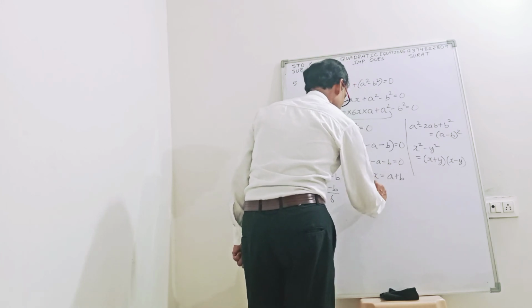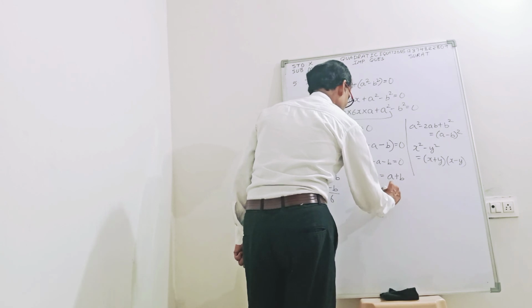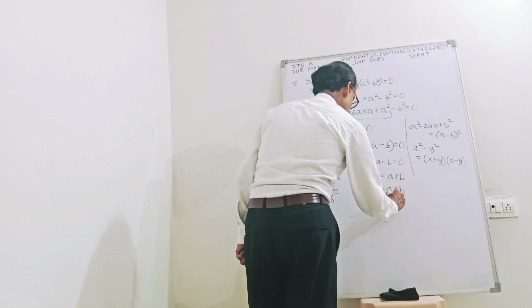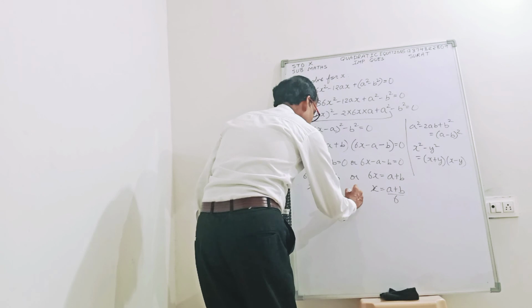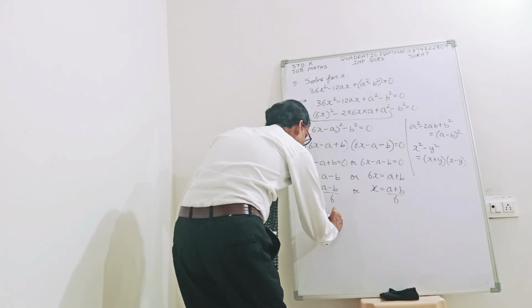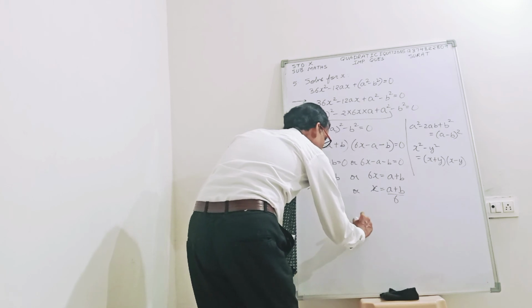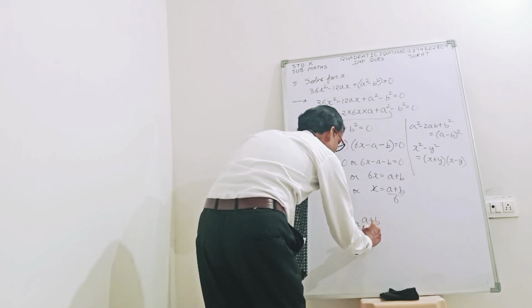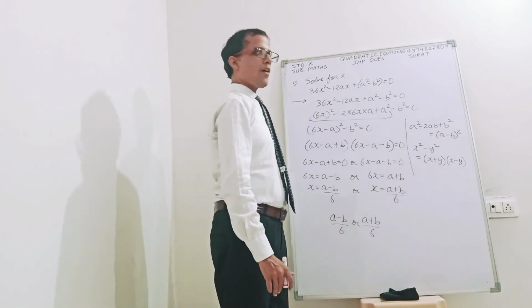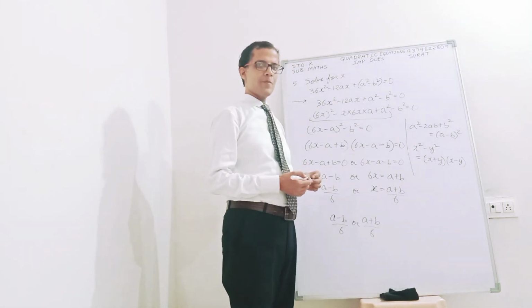So we get x equal to a plus b by 6. So the answers are a minus b by 6 or a plus b by 6. So this completes our fifth question.